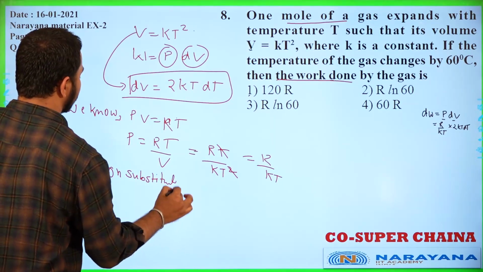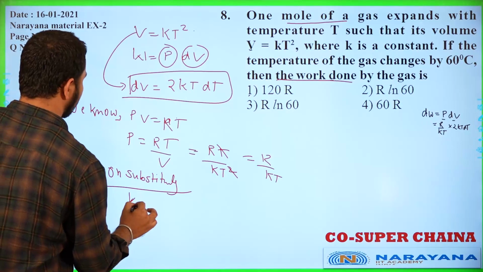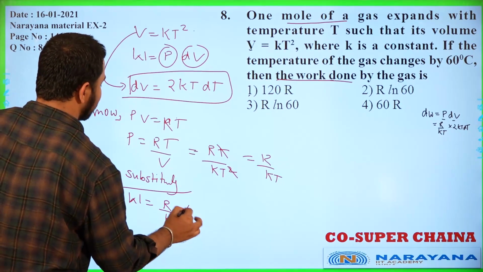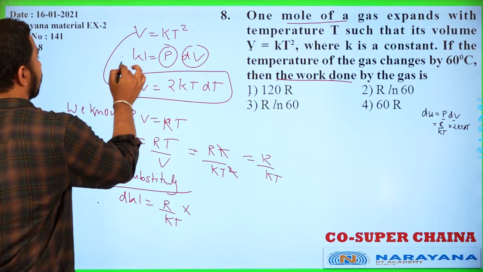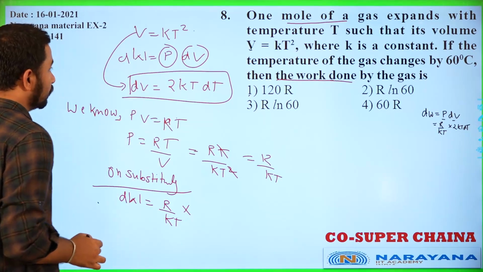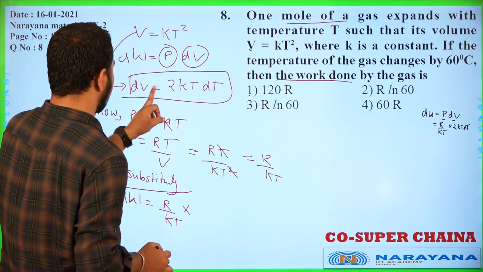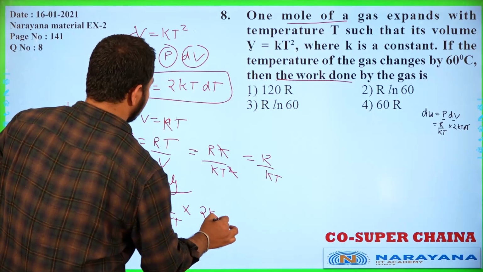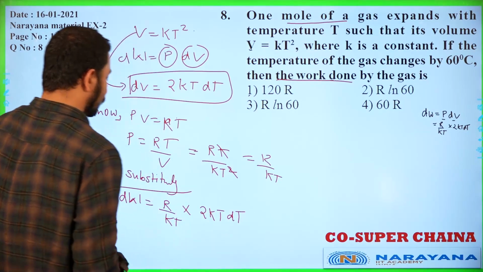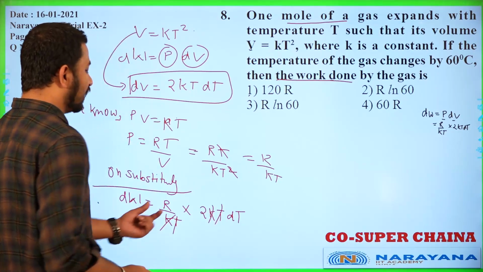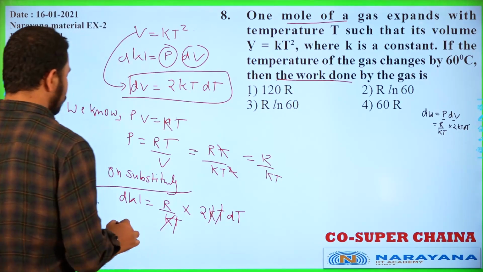On substituting, dW can be written as P dV, where P is R by KT and dV is 2KT dT. So T cancels and K cancels, and we are getting 2R dT.